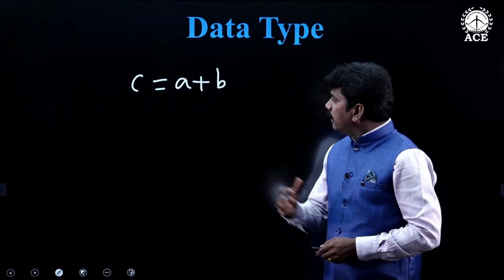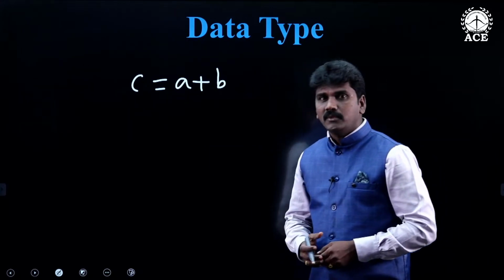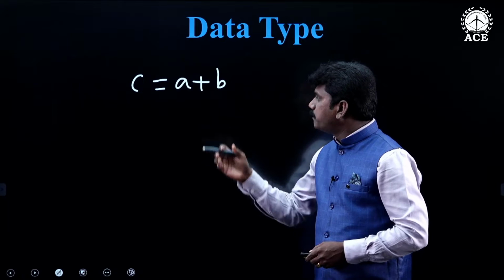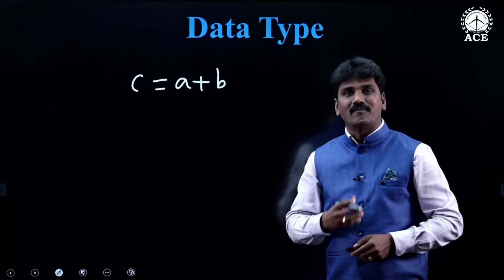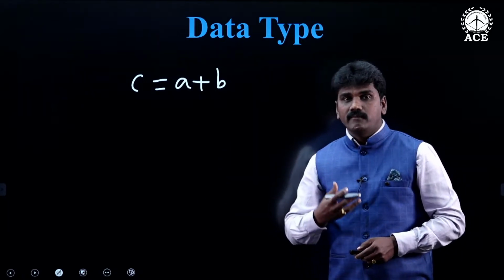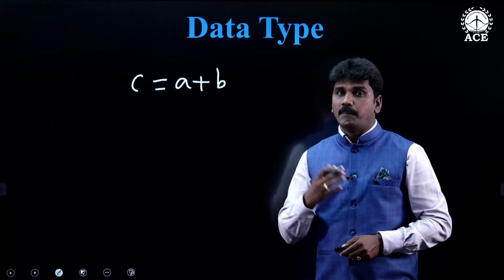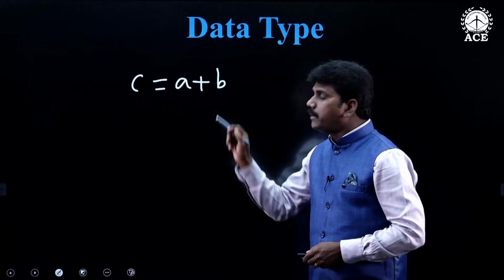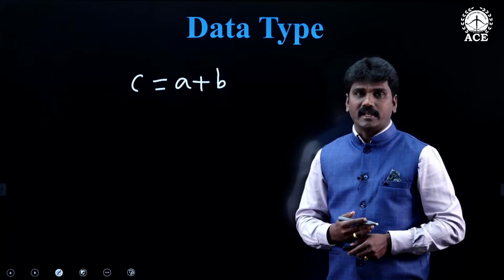Here, if we want to perform the operation A plus B, A and B should get some values. What are the values we are going to provide? Based on that, the types of A and B are going to be decided.